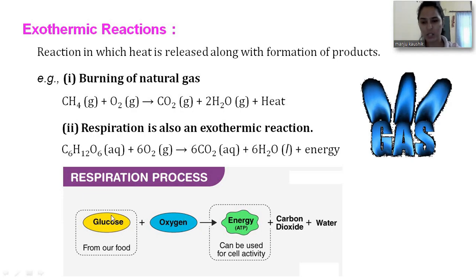Okay students, so respiration is an exothermic reaction. So students, exothermic reactions are those reactions which release heat when reactants combine to form products. So in these reactions, energy or heat is released.